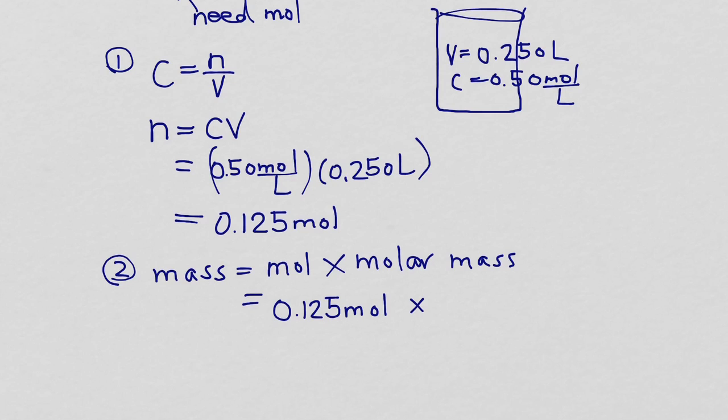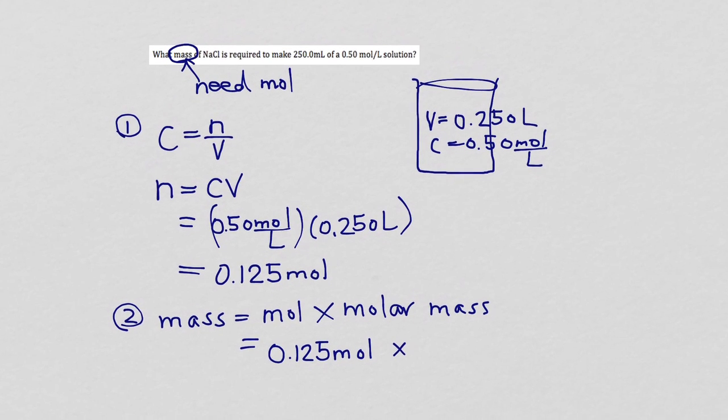You have an electronic balance which will measure the mass, but there's no lab equipment to help you measure moles. So moles itself in a lab is not useful because we cannot measure this. But if we convert it to a mass, then we can measure this in the lab.